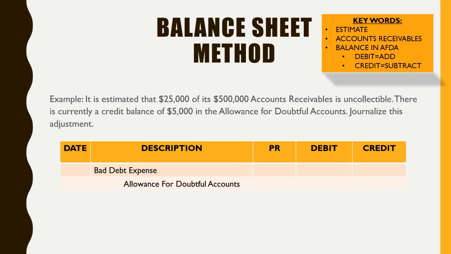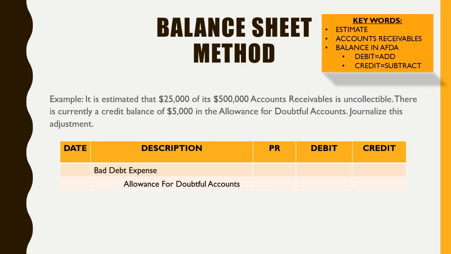Let's try example number 2, okay? This time you have a total estimated amount of 25,000 of your 500,000 of accounts receivable to be uncollectible. This time you have a credit balance of $5,000 in the allowance for doubtful accounts.